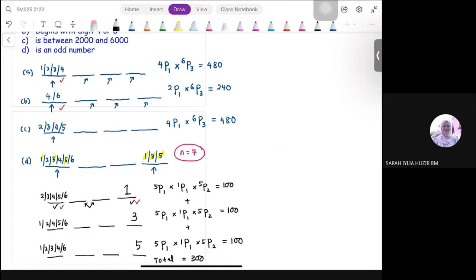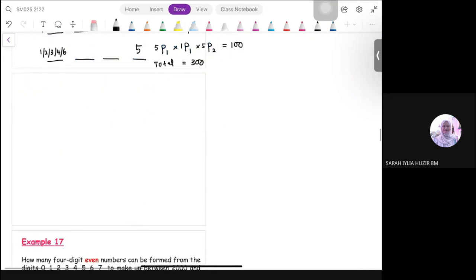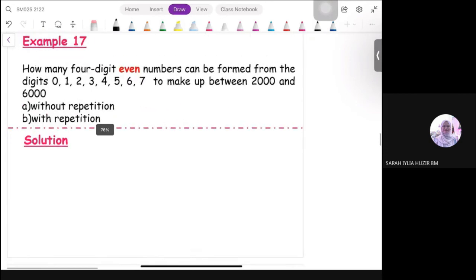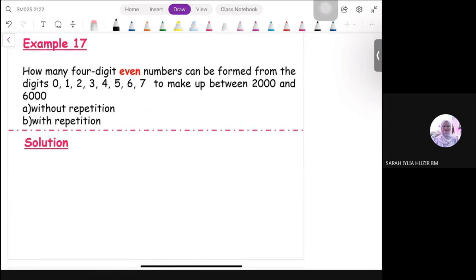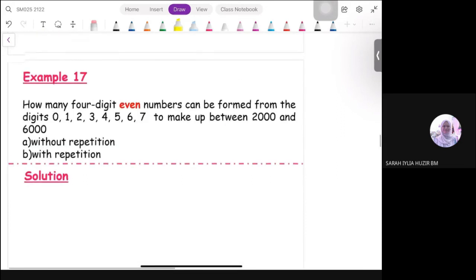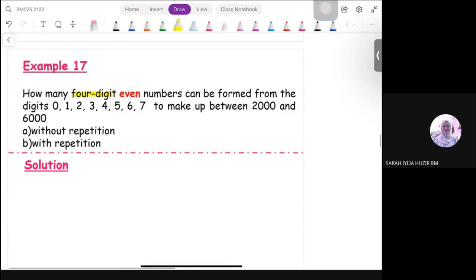Okay. Kita cuba lagi another example involving arrangement of number. Favorite question lah, arrangement number ni. Okay. So, how many 4-digit even number, terus ada syarat tu. 4-digit even number can be formed, automatic, this is permutation, from 0 up to 7 to make up between 2000 and 6000.